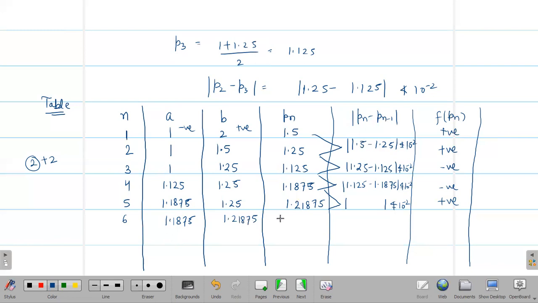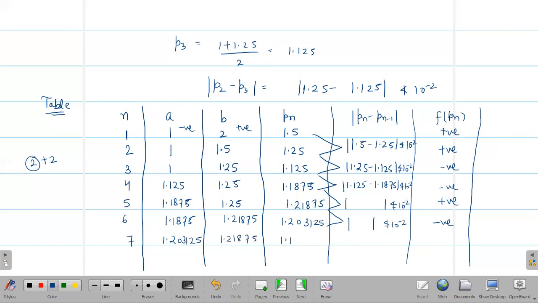So again you find its midpoint, it is 1.203125. Again you find its tolerance, it is not less than 10 raised to minus 2. Again you find its sign, it is negative. So this will be replaced with 1.203125 and this will be the same.